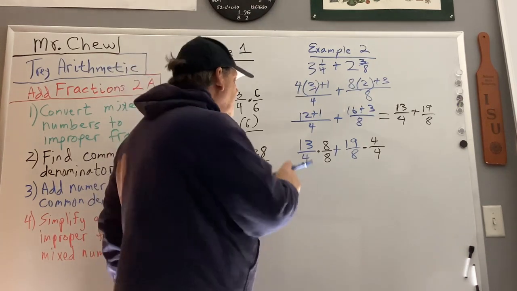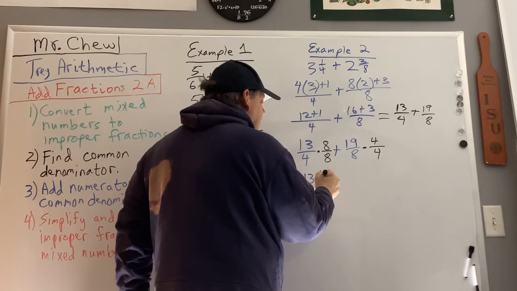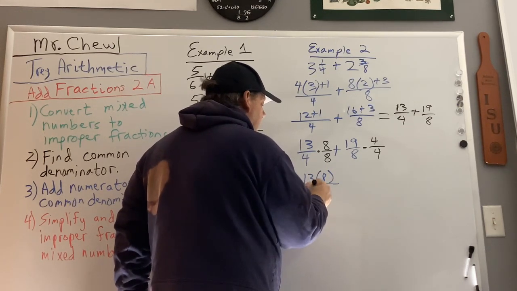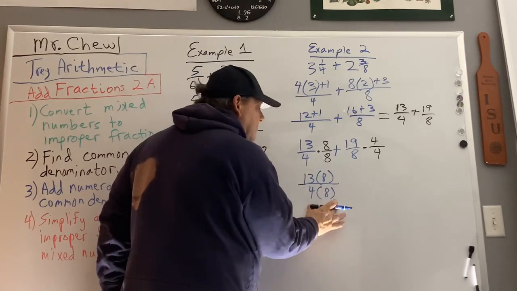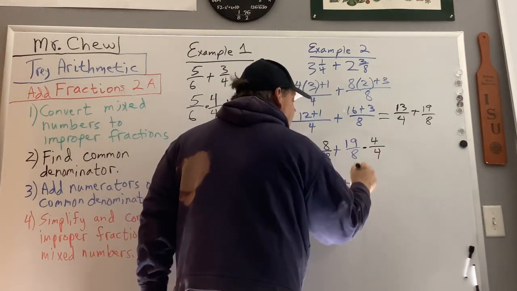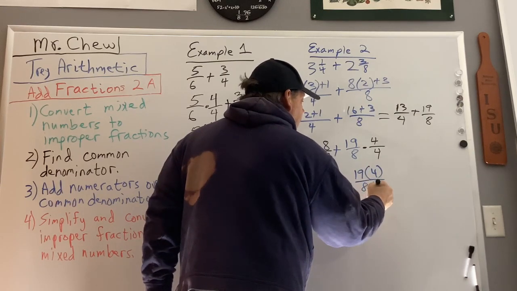So 13 times 8 over 4 times 8 is going to give me a fraction that has the same denominator as 19 times 4 over 8 times 4.